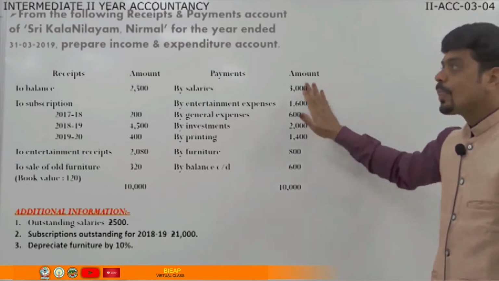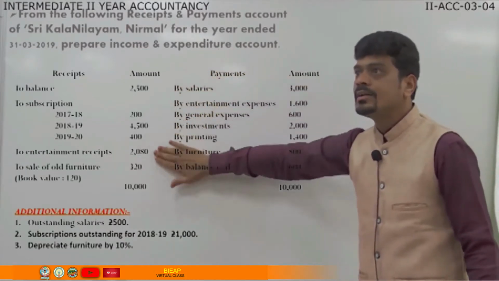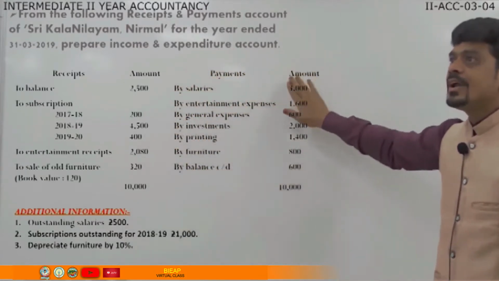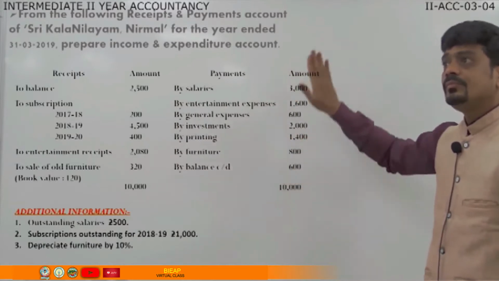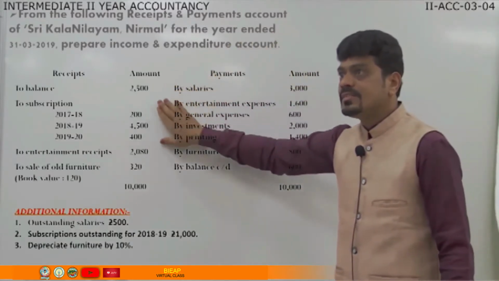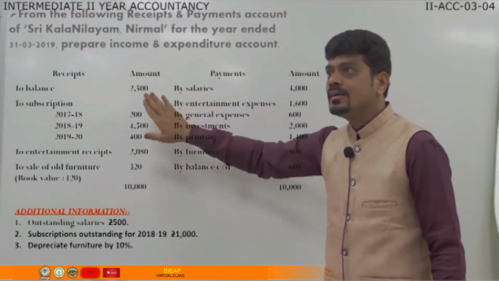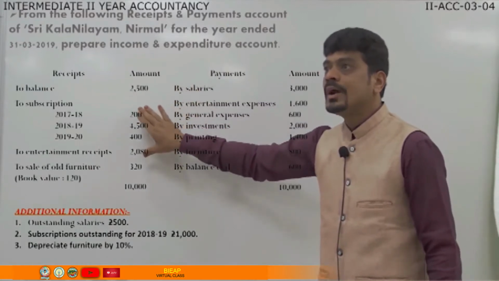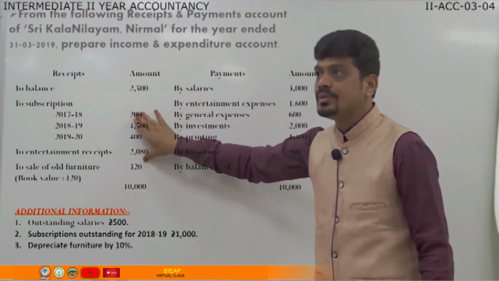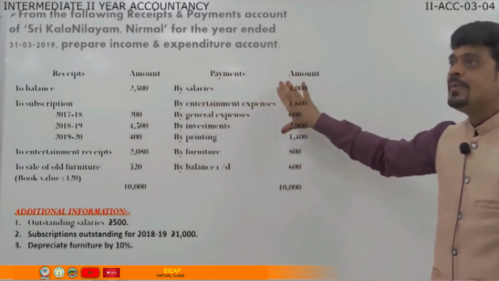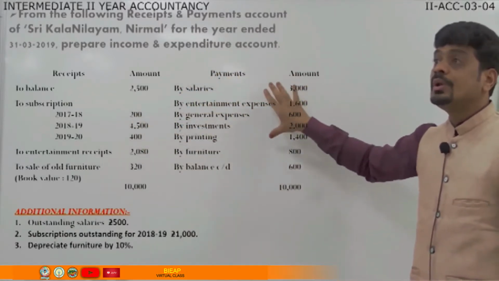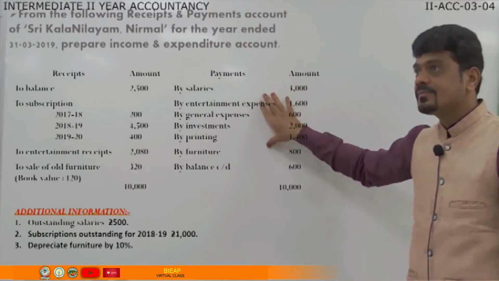Second thing, identify all the receipts, identify all the payments. From the given receipts, you are going to consider only revenue receipts. From the given payments, you are going to consider only revenue payments.